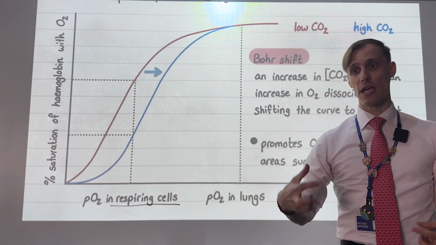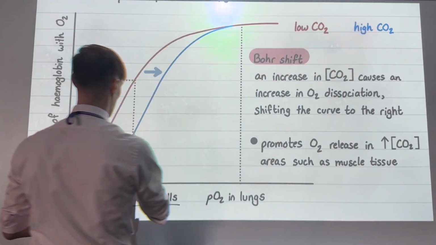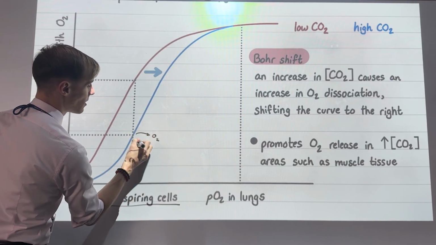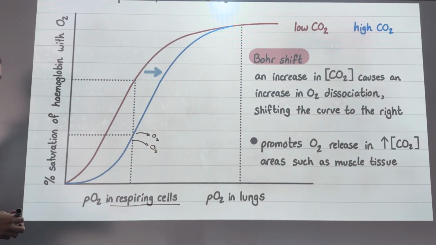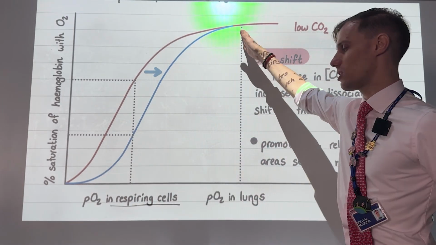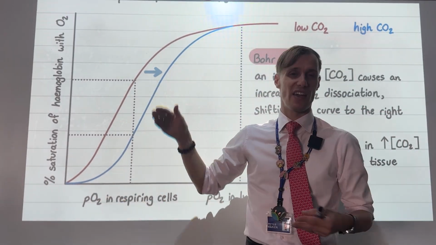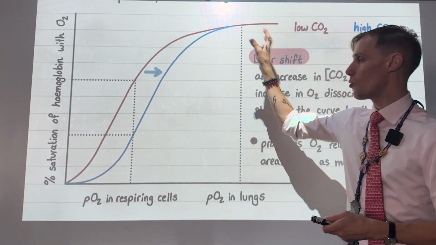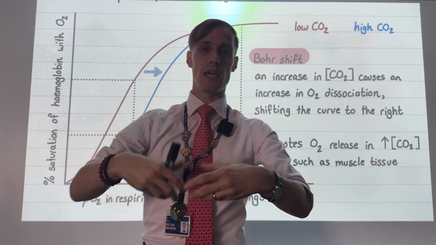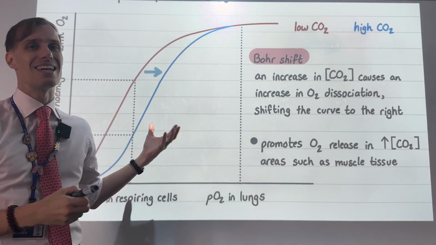Thus, lower pH, conformational change, lower oxygen binding. Thus, the affinity is going to be lower. Thus, there's going to be a lot of oxygen offloading. This is not so much a factor in the lungs because the partial pressure of oxygen is going to be so high that this shift is effectively irrelevant. So what the Bohr shift is allowing to happen is a promotion in oxygen offloading in areas that need it.